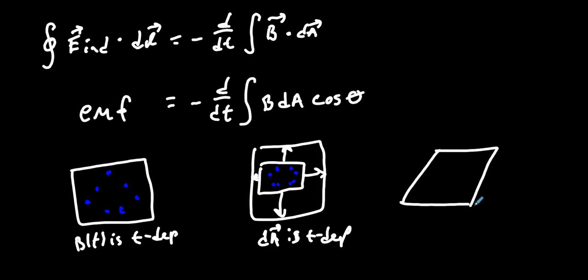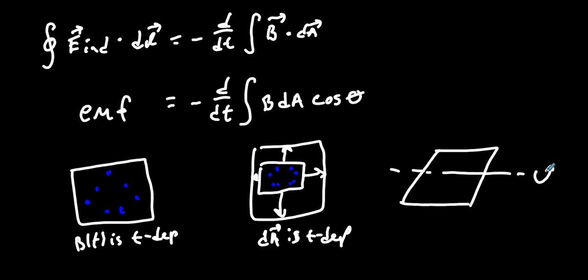And then last example is our angle being time dependent, i.e. our angle is changing over time. So we have this right here, and let's say we just rotate it around this axis right here.